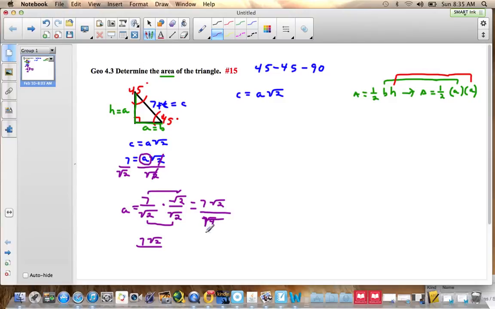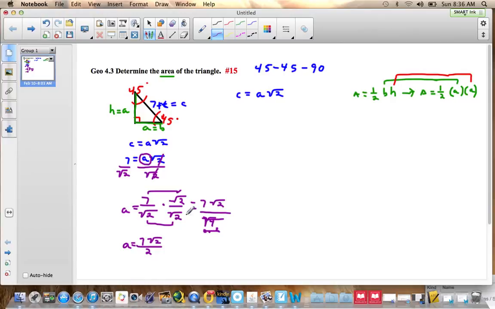Well, 2 times 2 will give me 4, correct? So then my denominator here is going to be 2. And it's completely simplified at this point. So this is what A is. So take a minute and pause and make sure you understand how I determined A.